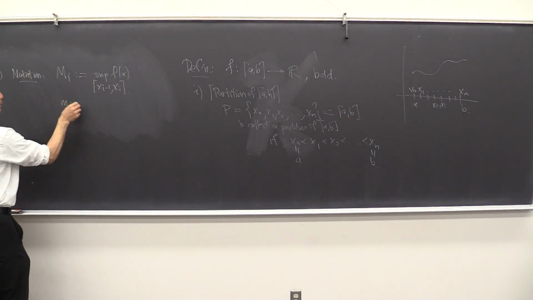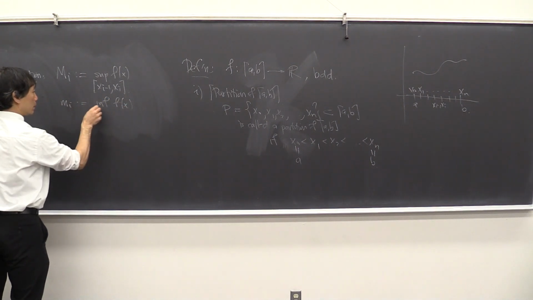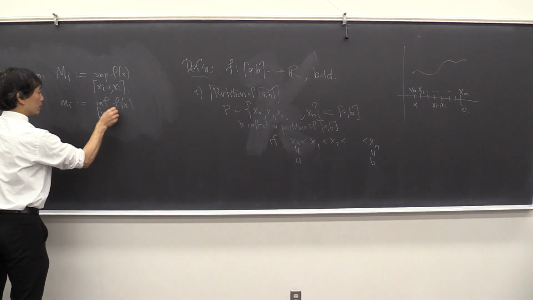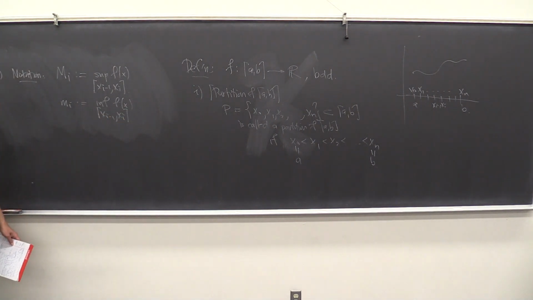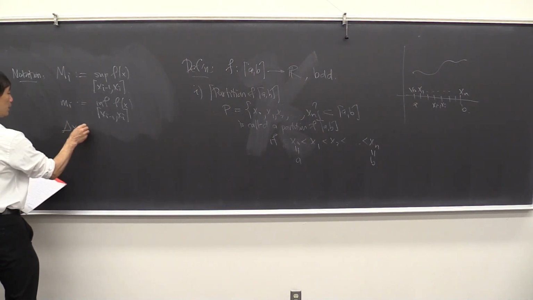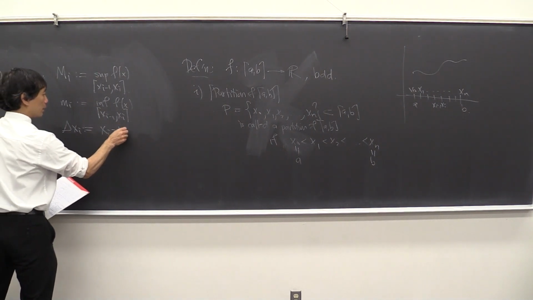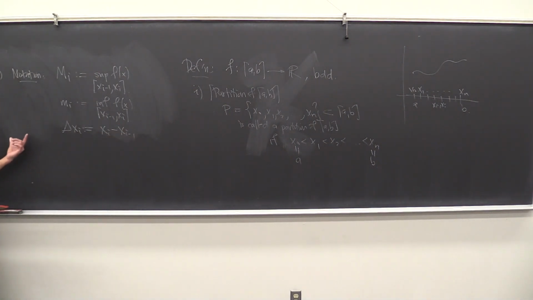And little m sub i is going to be the infimum on that interval. Delta x_i is going to denote the width of that interval.